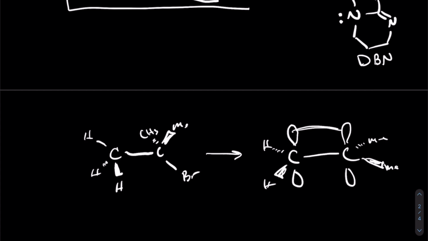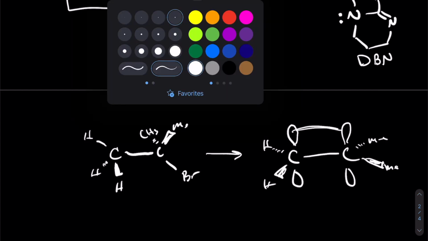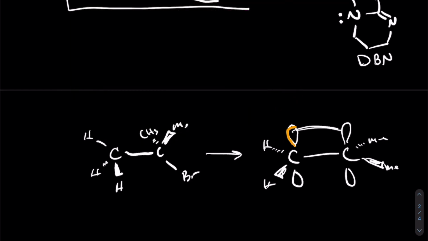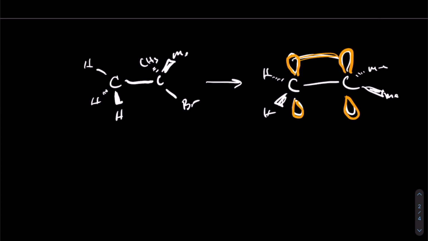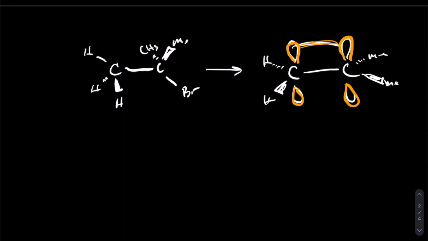Now the transition state, in order for us to get to this point, is going to have to favor, and I'm going to highlight these, the formation of that double bond here. And how do we favor the formation of a double bond in this particular case? All right. So we have to remember that the transition state is going to be some sort of amalgamation of starting material and product.